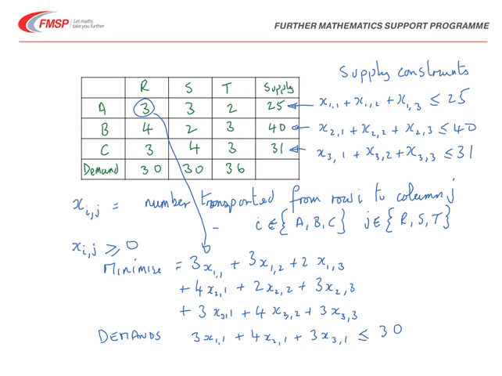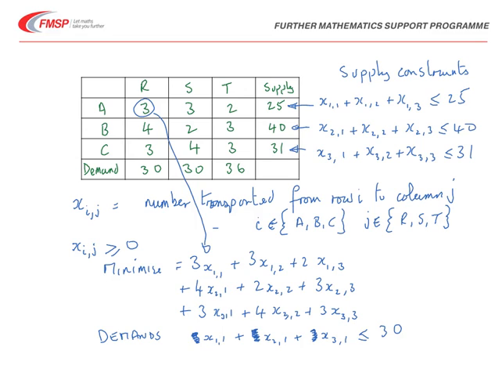So that's the demand for R. Sorry, what I've put in there is actually the cost, isn't it? And it shouldn't include the cost variable at all. The cost amount is just the variables, the actual demand. So it should just be x11, x21 and x31.